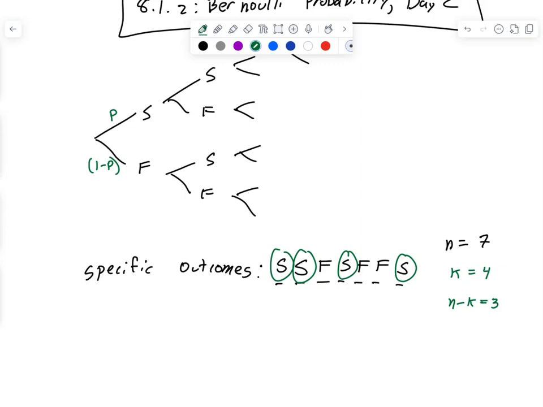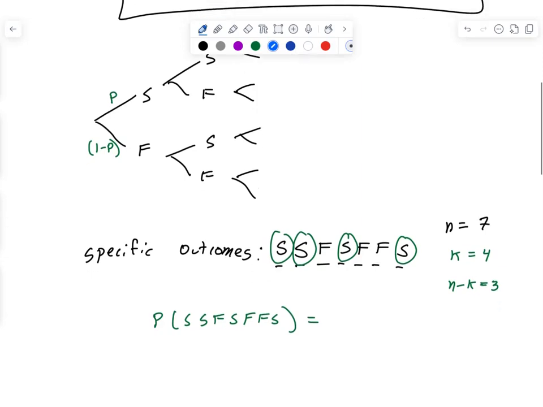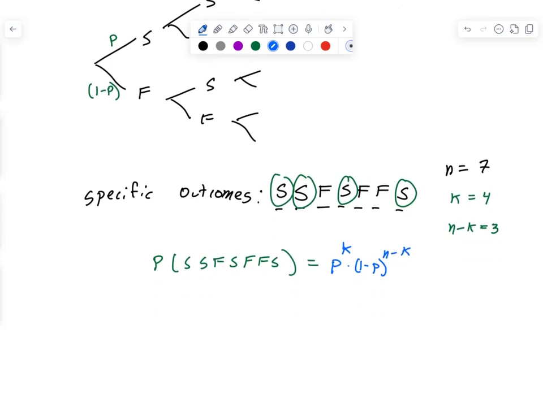So the probability of success, success, failure, success, failure, failure, success, this is kind of what the formula that we wrote is: P, the probability of a success, to the number of successes, in this case 4, times 1 minus P to the number of failures, N minus K. So for example, let's say P in this problem is 0.7.